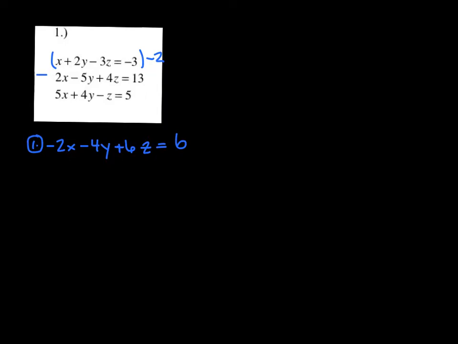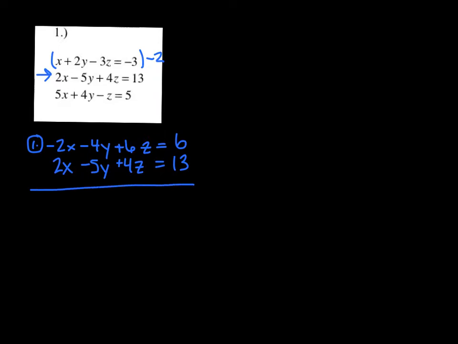And I said I'm going to use the second equation to eliminate that x, so just write that right underneath. So 2x minus 5y plus 4z equals 13.